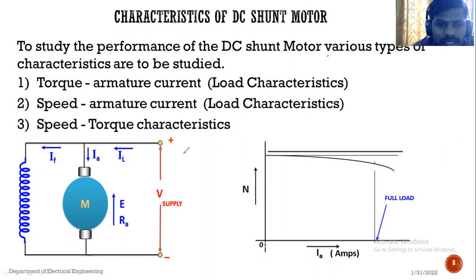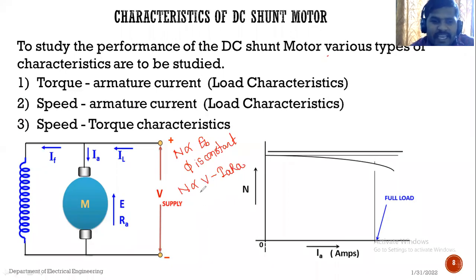बघा, I will write here. N is directly proportional to EB when flux phi is constant. Phi is constant. So N is directly proportional to terminal voltage V minus IARA. Supply voltage किंवा terminal voltage same आहे, constant आहे, ते 220 किंवा 230 किंवा 240 असेल.